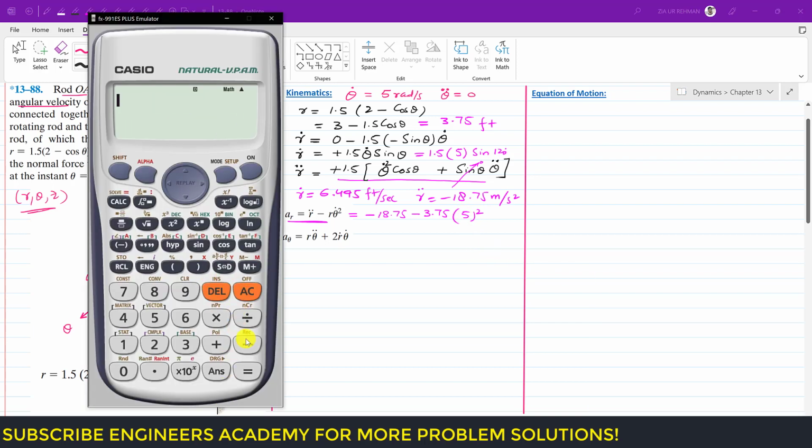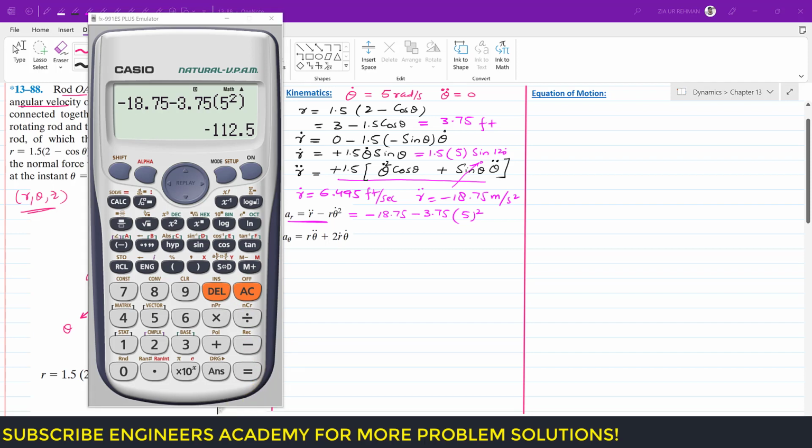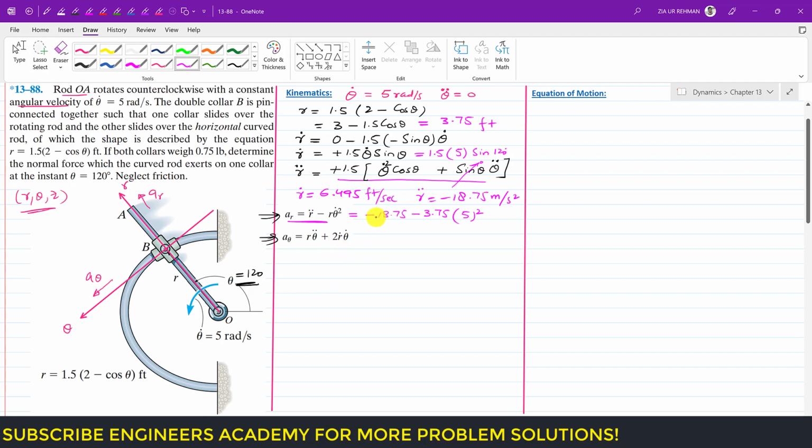So a_r is minus 18.75 minus 3.75 into 5 square. a_r comes out to be minus 112.5. Let me write that here: a_r equals minus 112.5 feet per second square.